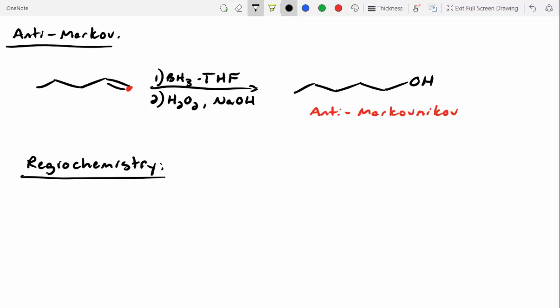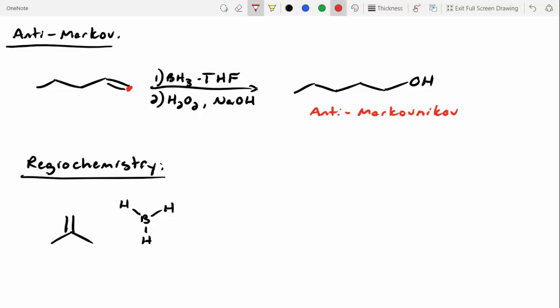So let's take an example. I'm going to use this alkene. And we've got borane, and I'm just going to show it as regular borane, not complexed. What will end up happening is something a little bit bizarre, but this boron will end up being attacked by the pi bond.